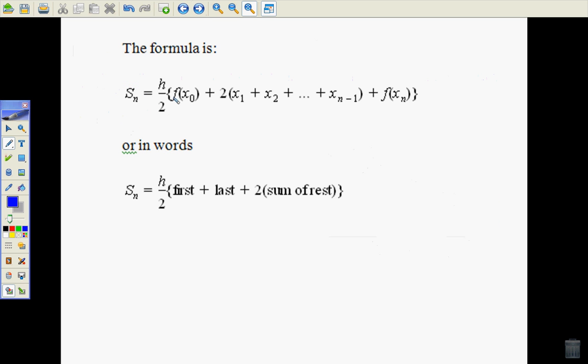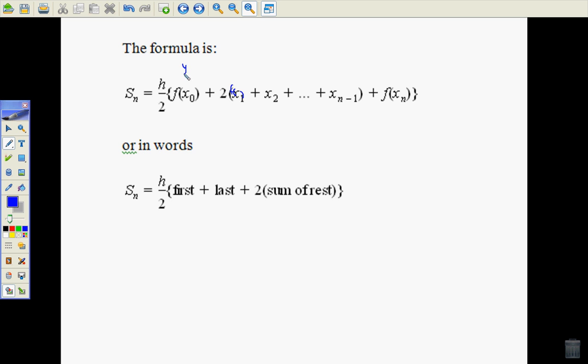The formula we're going to use is h over 2, then our first y value and our last y value, and then 2 times all the y values in between. So there should be a function of x1 there. We've left out some notation; I'll use function of x0 if you want to.